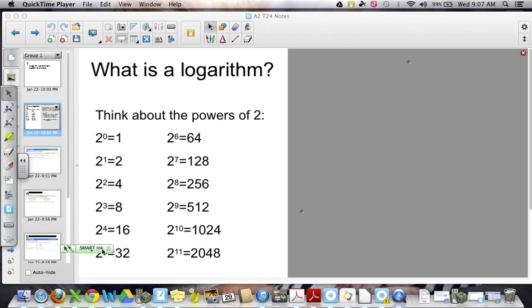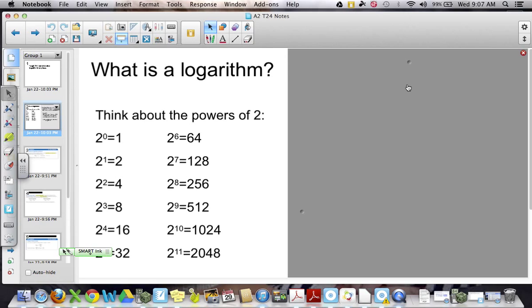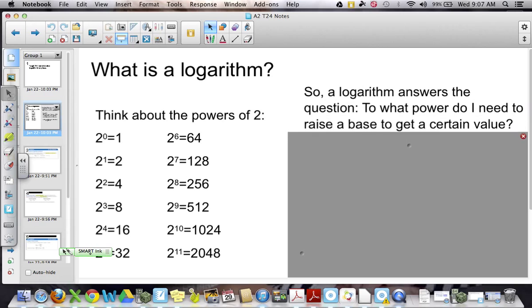Now, what a logarithm is, is basically the opposite of a power, of an exponent. When we talk about a logarithm, we're answering the question, to what power do I need to raise a base to get a certain value?